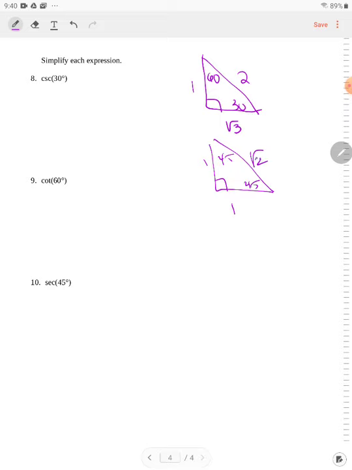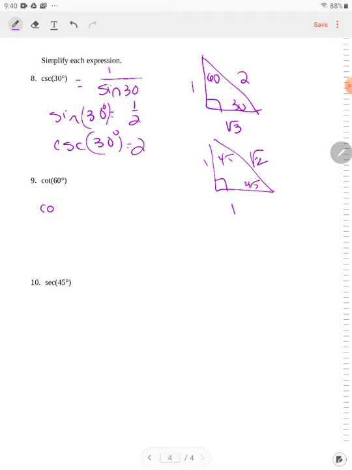All right, so cosecant of 30 is equal to 1 over the sine of 30. So if I can find the sine of 30, I could flip it. So sine of 30 is 1/2. Therefore, cosecant of 30 is 2.